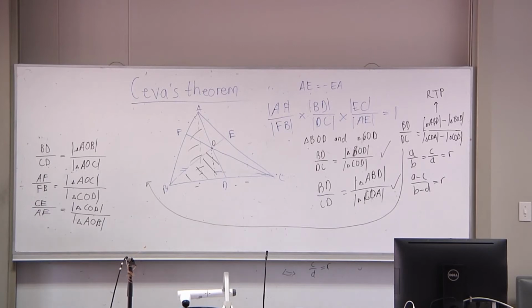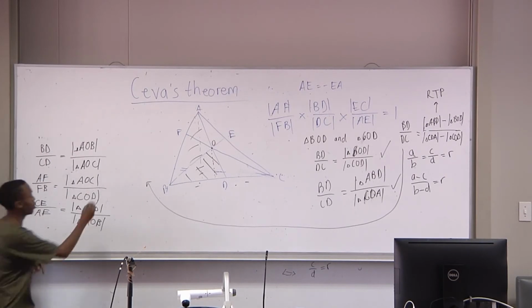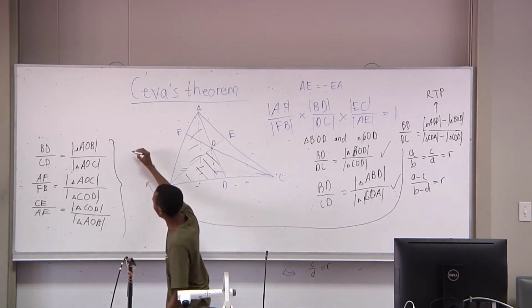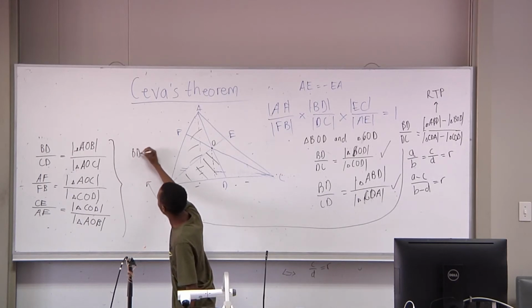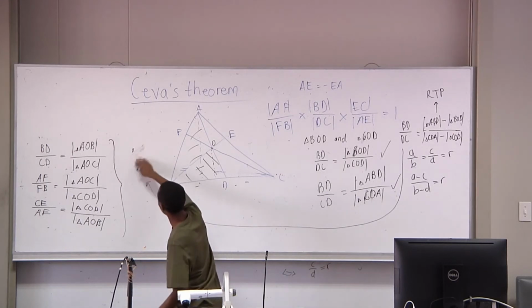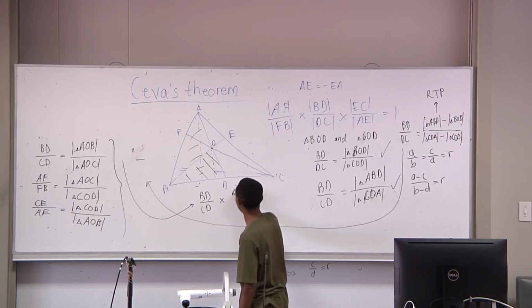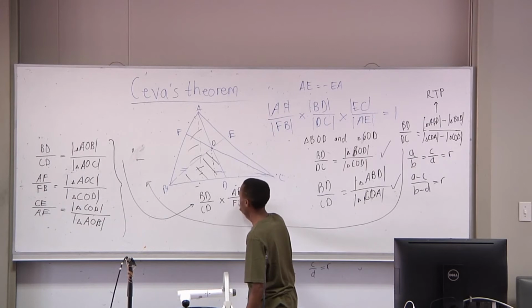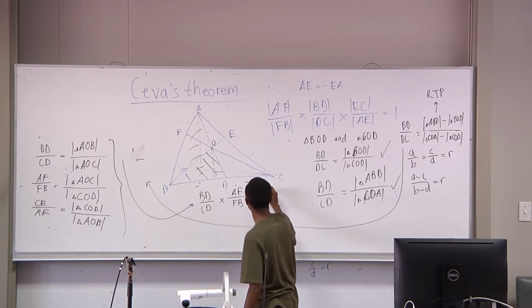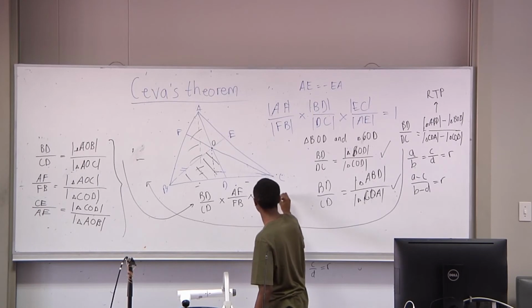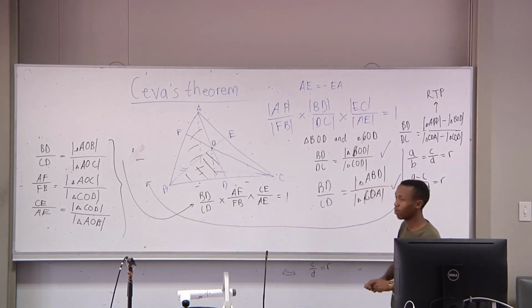And if you multiply all these ratios, so if you multiply this by this by this, that would cancel with that, and this would cancel with that. Therefore, the product is 1. So if you multiply that, you get what you wanted to prove.